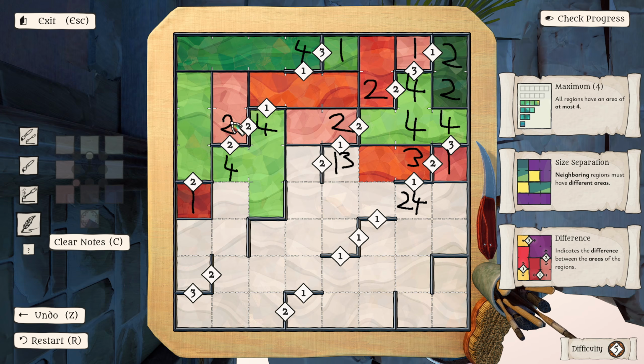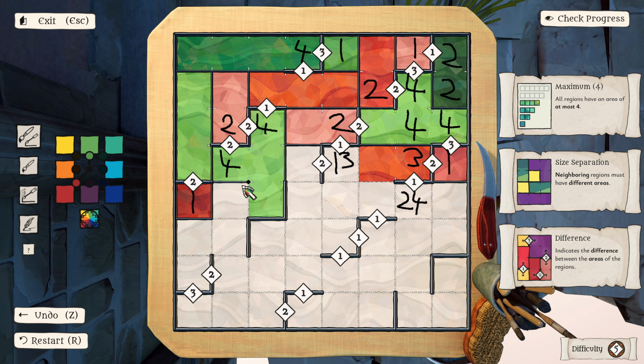That 2 had to come down. We can't do that as a 4 and that as a 4, because then we'd have 4s that touch. If this was a 3 and a 1, 1 plus 2 is 3, that can't be.